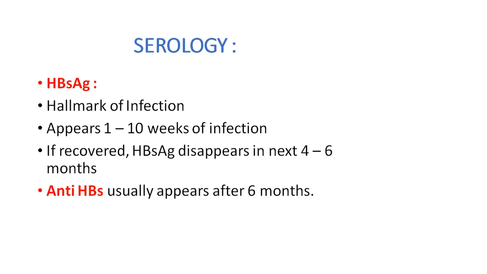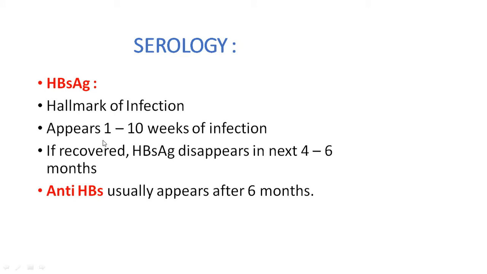So serology, what are the different antibodies or antigens you see? One is the HBsAg, hallmark of infection, which appears 1 to 10 weeks after infection. When you get infected with the hepatitis B virus, you get HBsAg in the beginning.